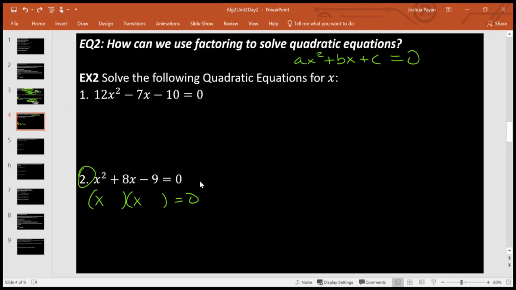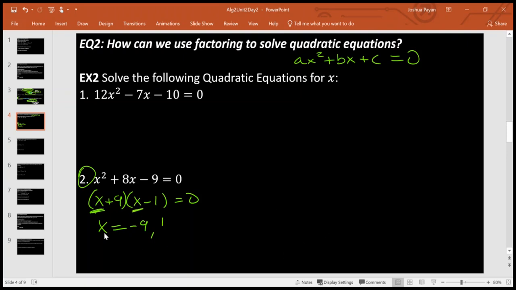So that's obviously going to be a positive 9 and a negative 1. 9 times negative 1 gives me this negative 9. Positive 9, negative 1 combined to give me this positive 8. Okay, and even easier, I don't need to set these individually equal to 0 because common sense tells me that the solution here is going to be negative 9 and the solution here is going to be positive 1.